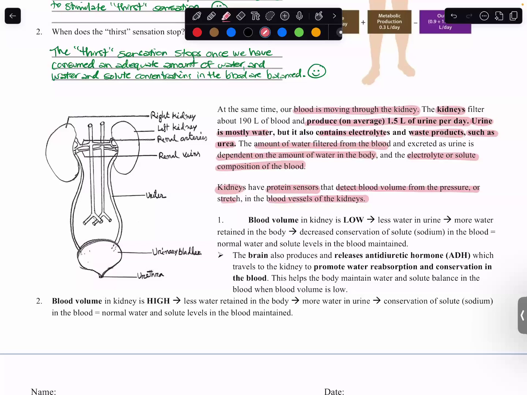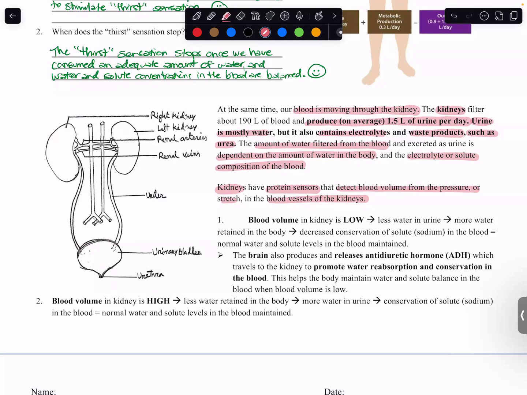Blood volume in the kidney is low, leads to less water in the urine, more water retained in the body, and a decreased concentration of solute or sodium in the blood, which equals normal water and solute levels in the blood maintained, right? So when blood volume in the kidney is low, there's less water in our urine, which means that the body is trying to conserve as much water and retain as much water in the body as possible, right?